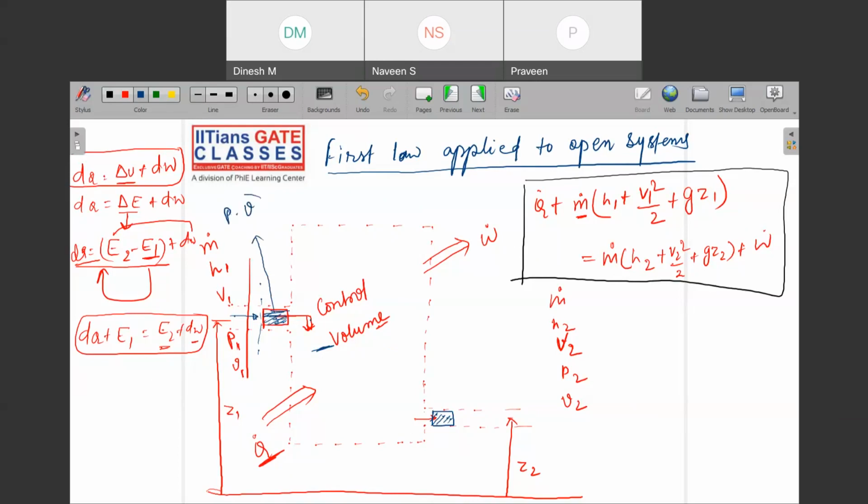Pressure into volume. When you take the product of this, it helps you understand that if I am flowing, I am possessing this much energy with me.